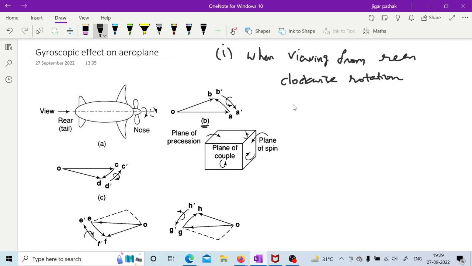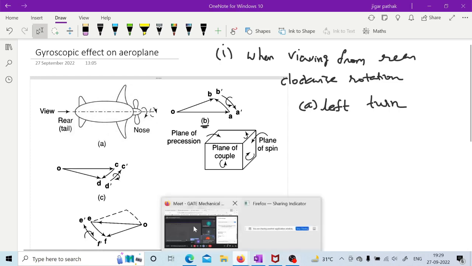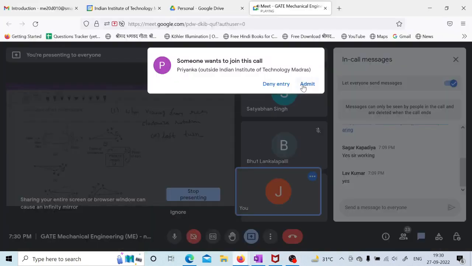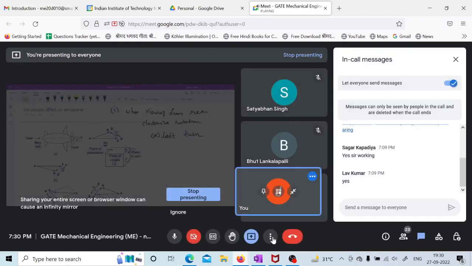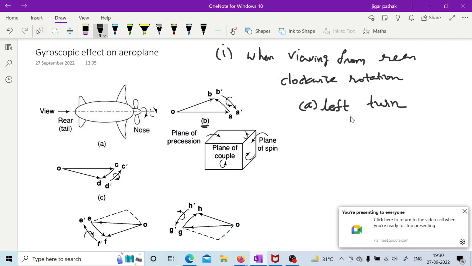Now when viewing from the rear in the clockwise direction, you are taking a left turn, meaning your aeroplane is taking a left turn. Here they have shown the plane of spin, the plane of precession and the plane of couple, meaning the gyroscopic couple, right?